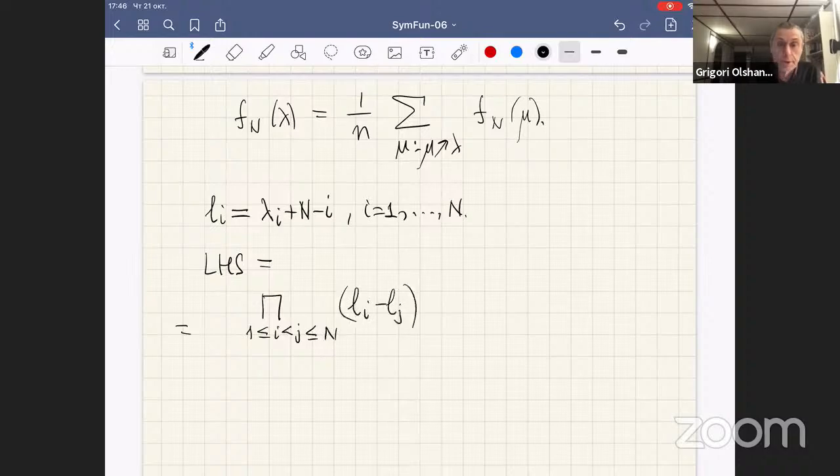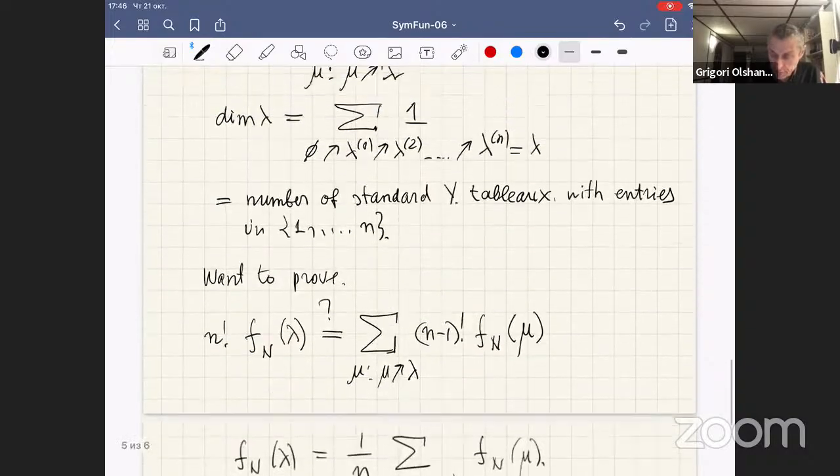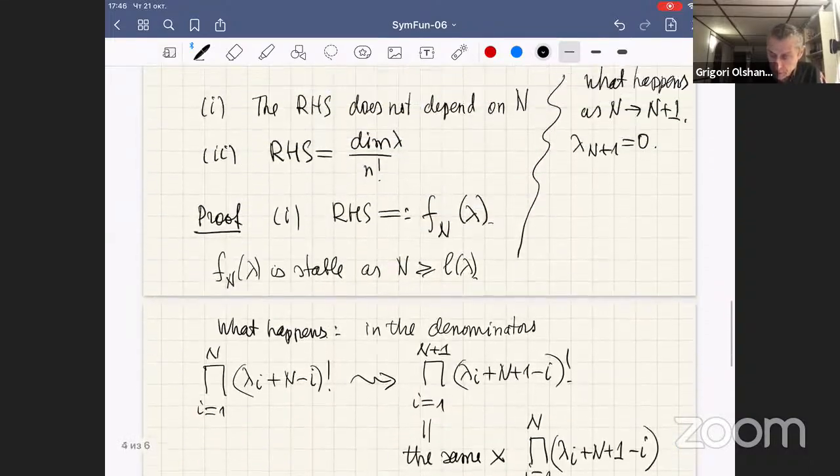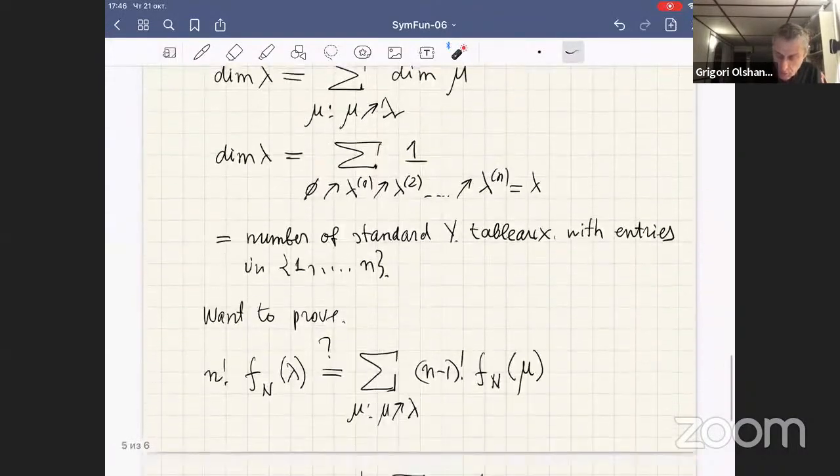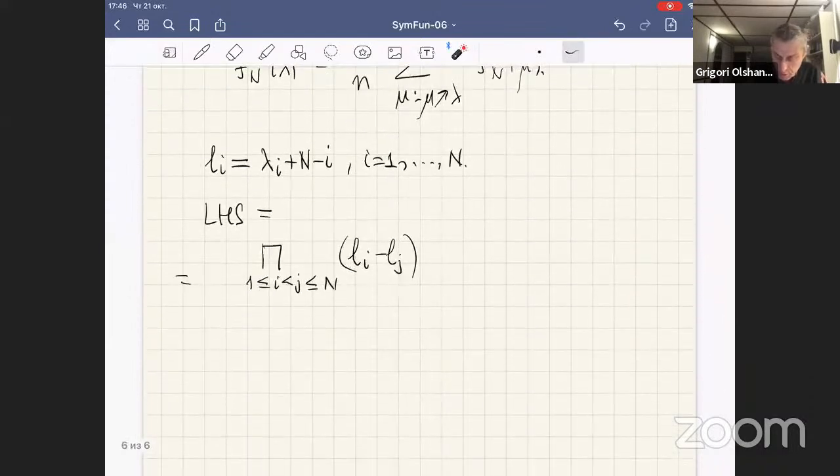It's easy to see that it is exactly the same that appears in our formula, and this is the product of these factorials.